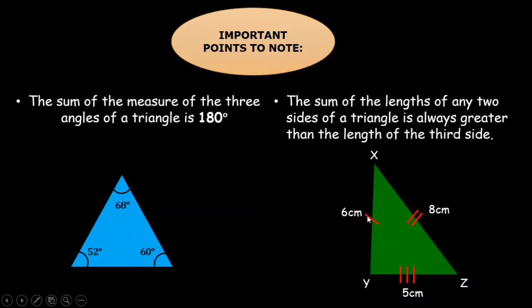Or if I add 6 and 5, it will be greater than this side, that is 8 centimeter. So the sum of the lengths of any two sides of a triangle will always be greater than the length of the third side. These are the two important points that you need to note.